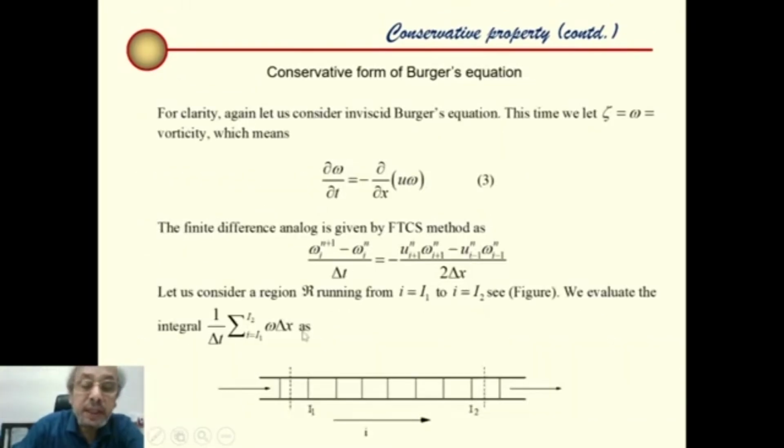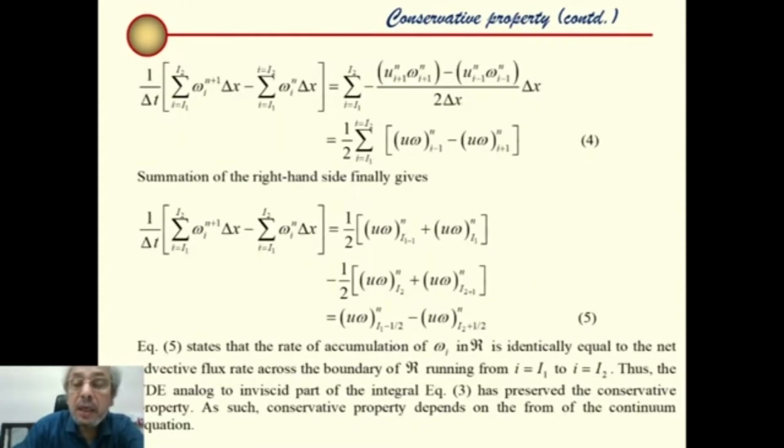That means then here u omega summation of whatever is value here plus whatever is value here, and minus basically u omega, again values at I2 and I2 plus 1.